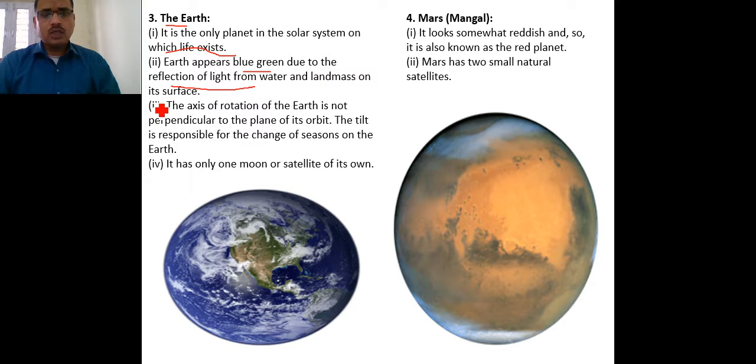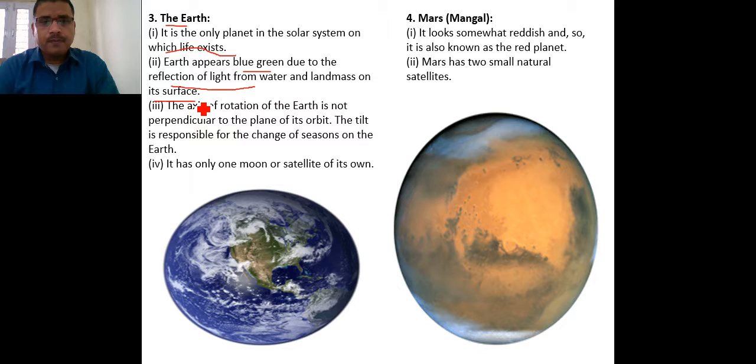A question can also be asked why the Earth appears blue green. The reason is the reflection of light from water and land mass on the surface. These are the two reasons because of which the Earth appears blue green.